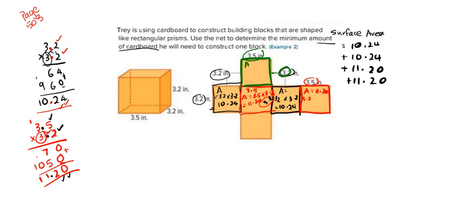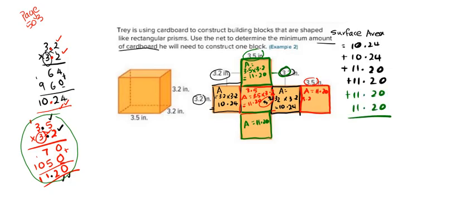So the area will be 3.5 times 3.2. Now you can see we've already done this calculation. It's also 11.20. And the other side rectangle, which is its matching side, will also be 11.20. So we're going to add the 11.20 2 times and find our total surface area.